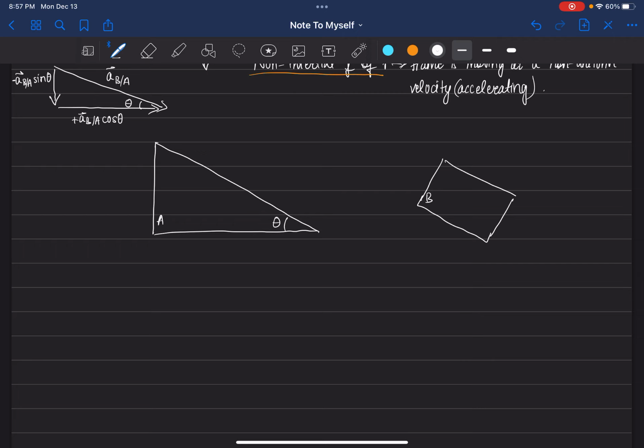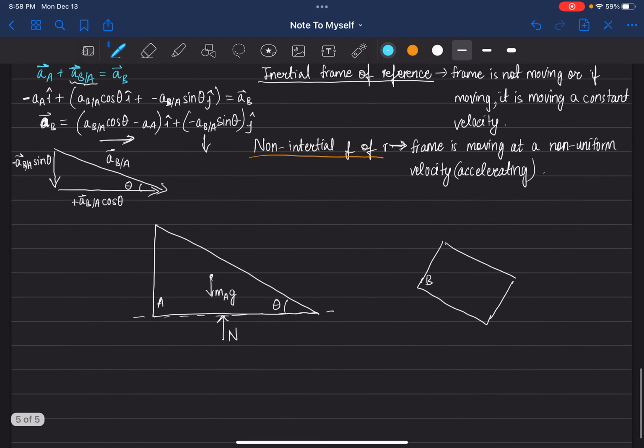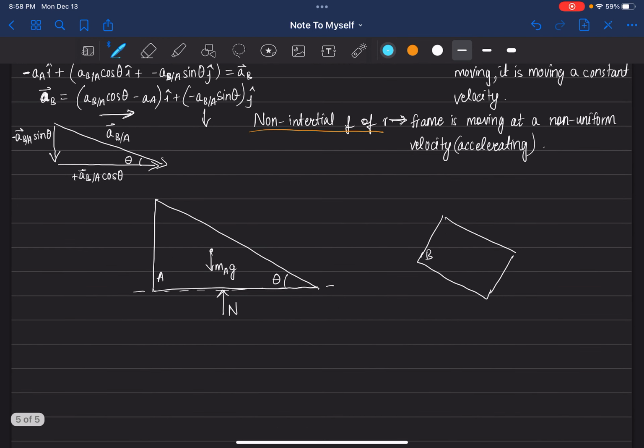This is block A. So we have the weight of block A, which is m_A g, right? Weight is just mass times gravity. And because block A is in contact with the ground, which is frictionless, we only have a normal force. Now, as we see here, block A and B are in contact with each other, right? So that means they're going to be reacting to each other.